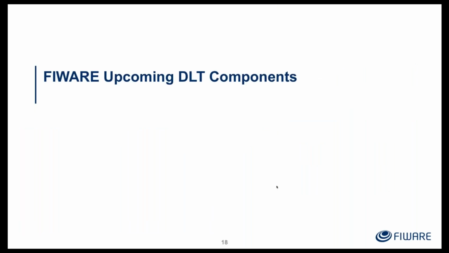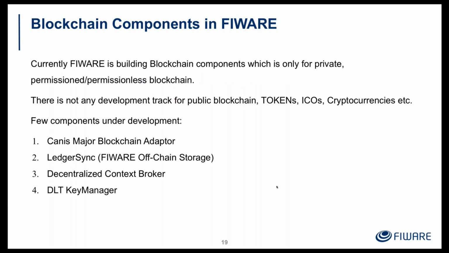So there are various components that we are trying to build to connect with FIWARE. One of the components is Canis Major. It's an adapter which helps you persist your data in a blockchain without any human intervention.